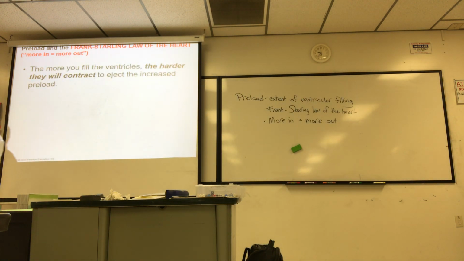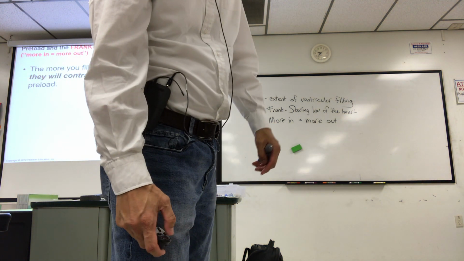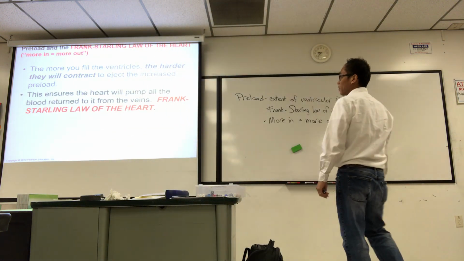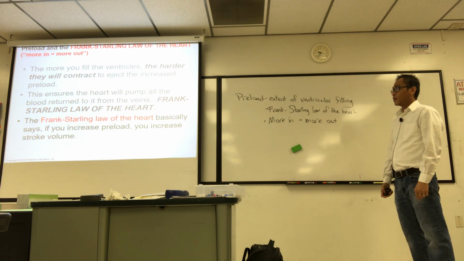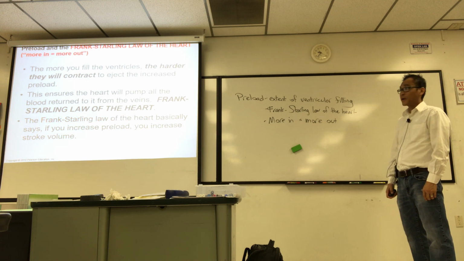The more you fill the ventricles, the harder they contract to eject the increased preload. This ensures that the heart will pump all the blood returned to it from the veins. That's the Frank-Starling law of the heart. It basically says you increase preload, increase stroke volume, and we've already noted that, okay?